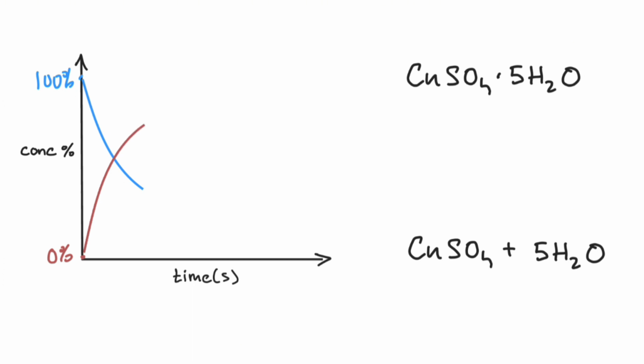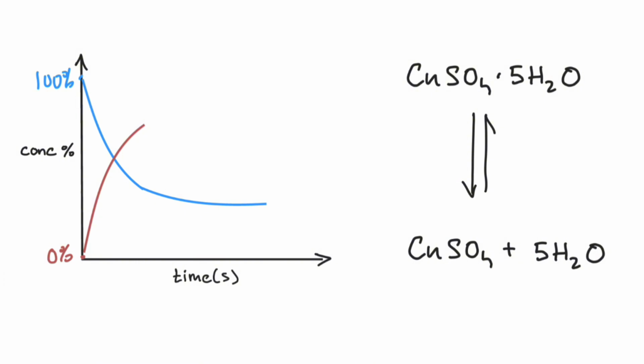The difference between the reversible and irreversible process is that at some point, product will start to form reactant again, and the concentration of reactant will never reach zero. So it will not reach zero.